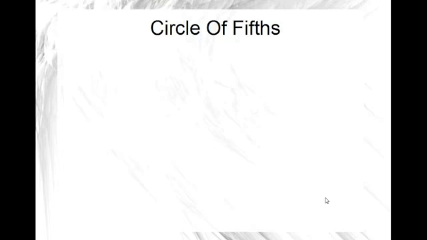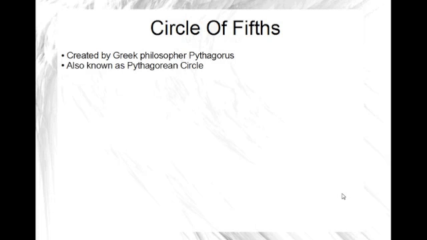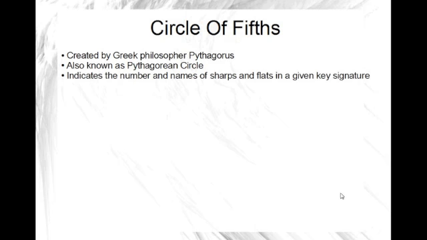Now, before we start going on to the major chords, I thought I'd just highlight a few facts about the circle of fifths. The first thing is it's very old. It was discovered by the Greek philosopher Pythagoras, and is actually called by his name, the Pythagorean circle, and is used to indicate the relationships between given key signatures, particularly the number of sharps and flats in a given key signature.